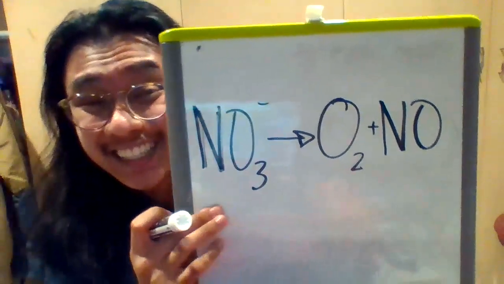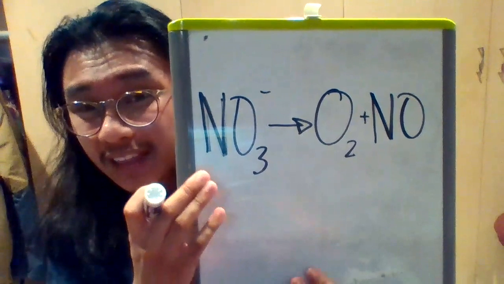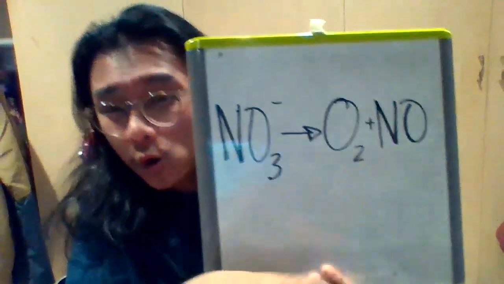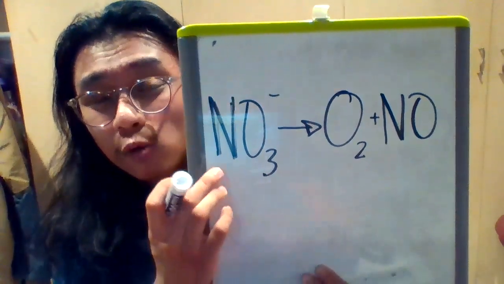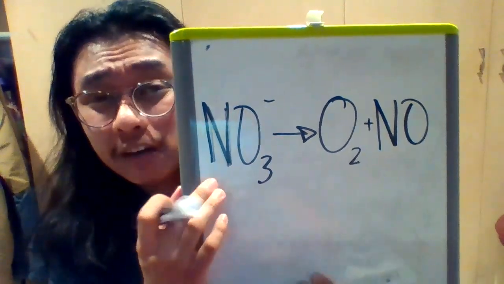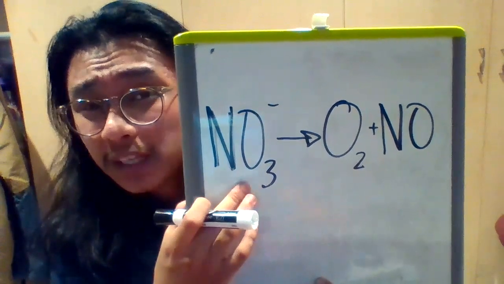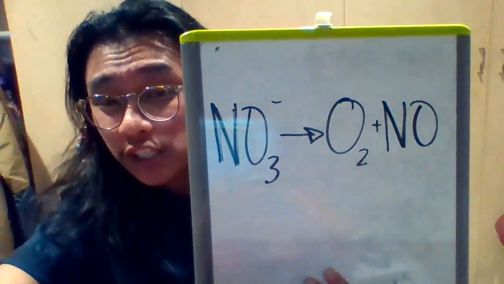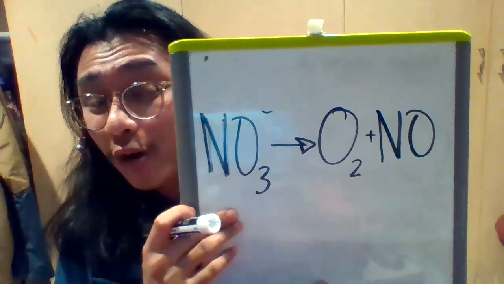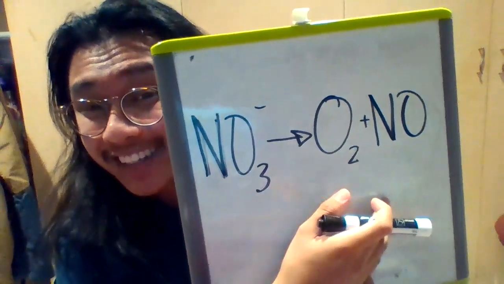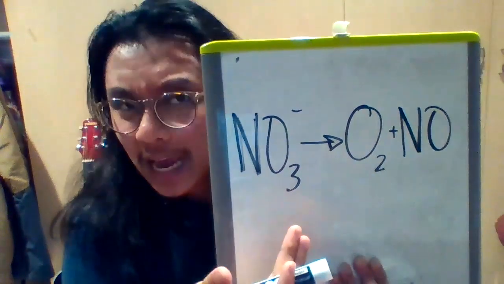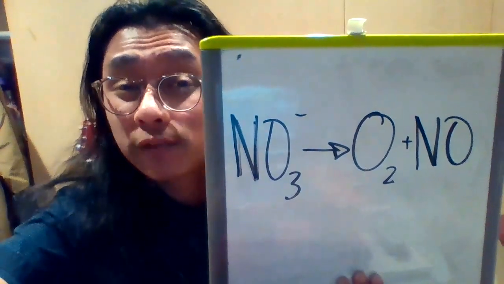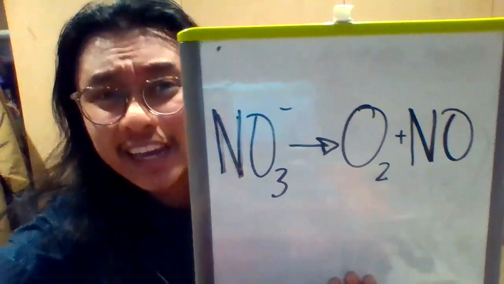We can actually see here in this chemical equation that this NO3 equals this O2 plus NO. There is one element of nitrogen here and 3 elements or atoms of oxygen here, and the same on the other side of the equation. So matter, even though it's transformed into something else, it always stays the same. It is not created nor is it destroyed. It simply transforms and transfers just like energy.